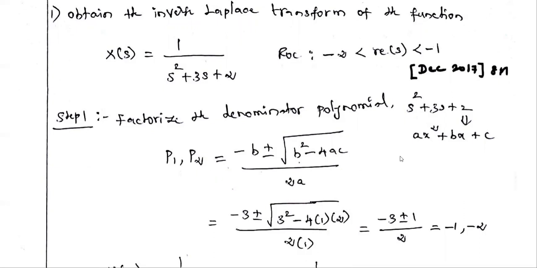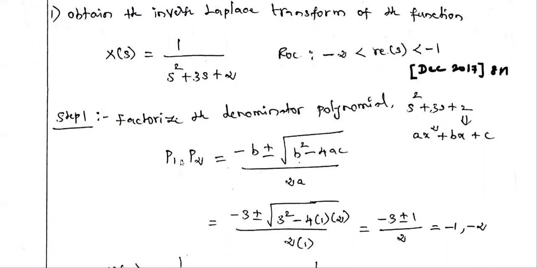Using this formula we calculate the roots. The roots of the denominator polynomial are called poles.